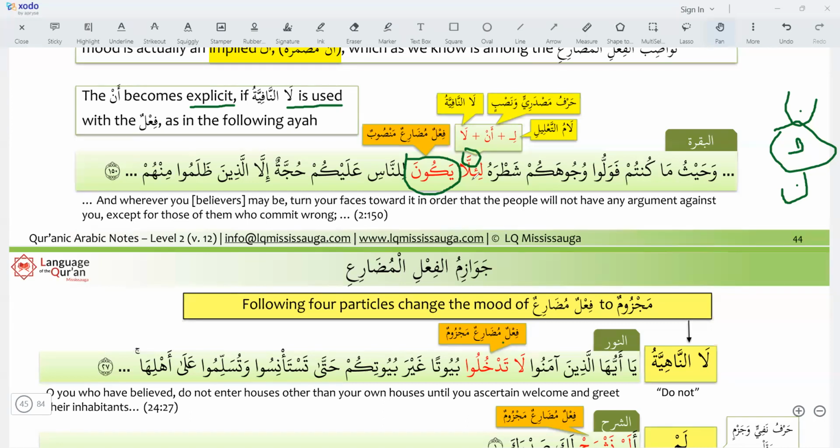Here you just understand the nawasib of the fi'l mudari'. So, the particles of nawasib, is it clear for you, or do any of you have any question? Okay, I think nobody has any question. Inshallah, tomorrow we will continue the next lesson.